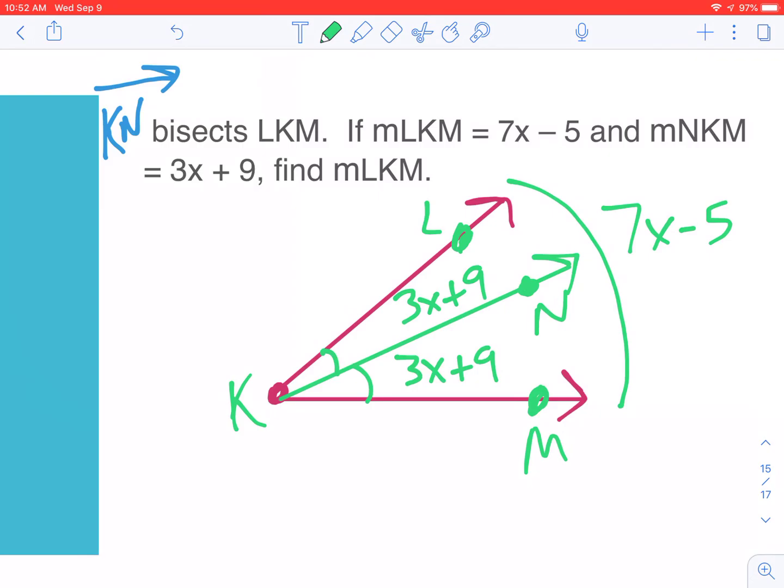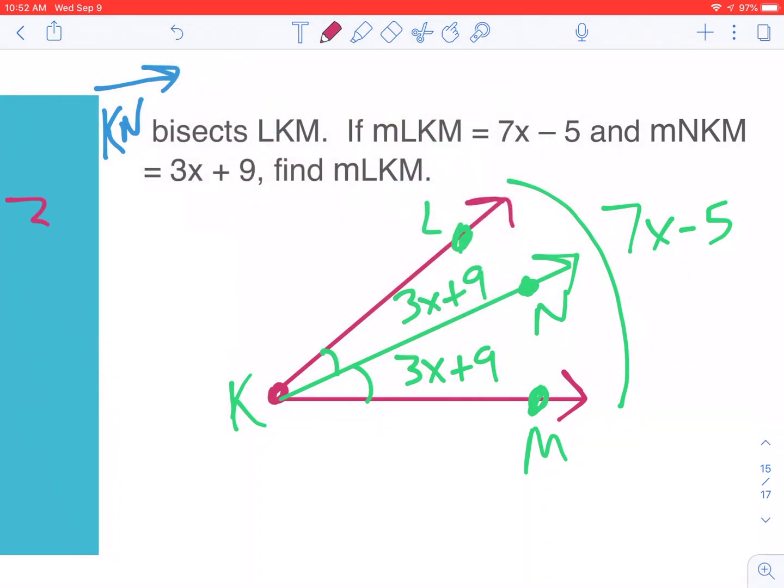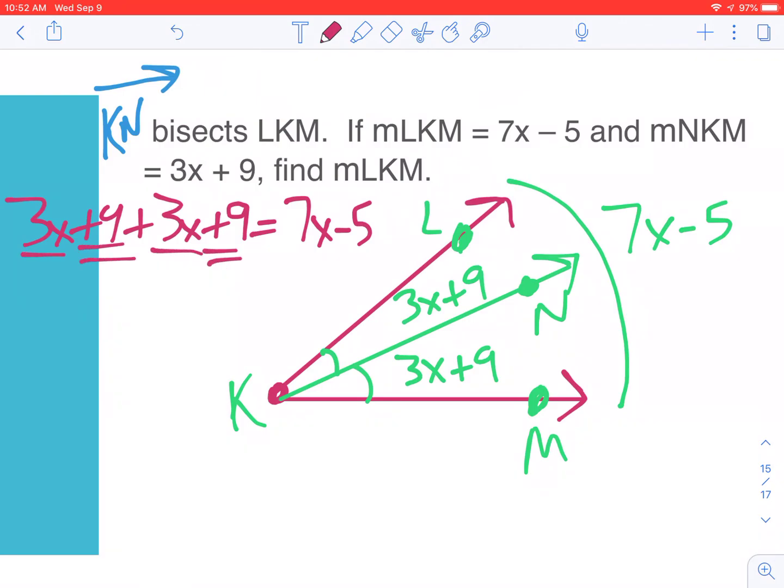Then 3x plus 9 plus 3x plus 9 equals the whole thing, 7x minus 5. Combine the x's, combine the 9's. I'm going to get 6x plus 18 equals 7x minus 5.